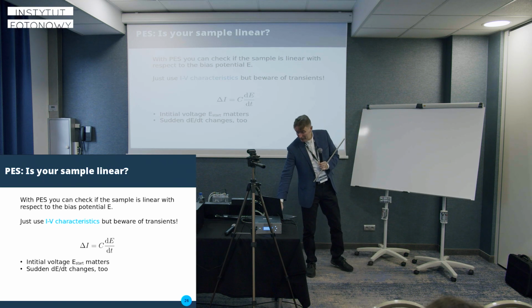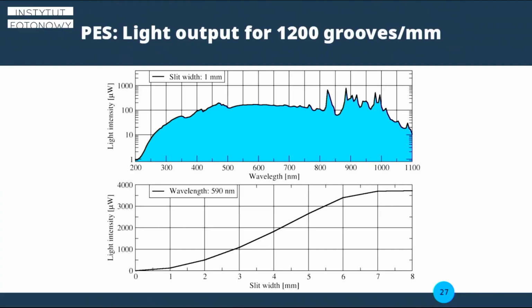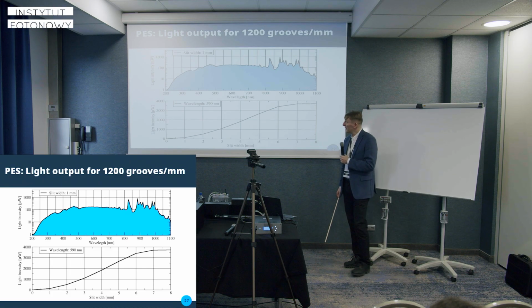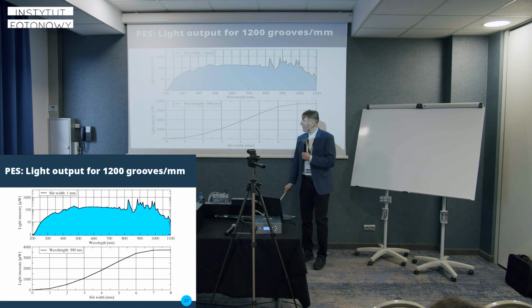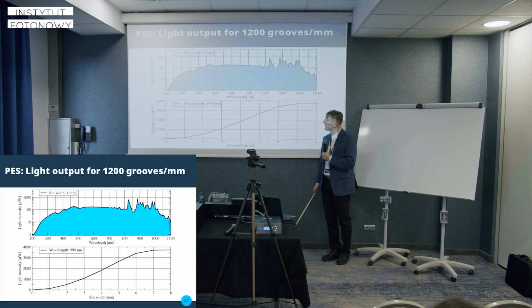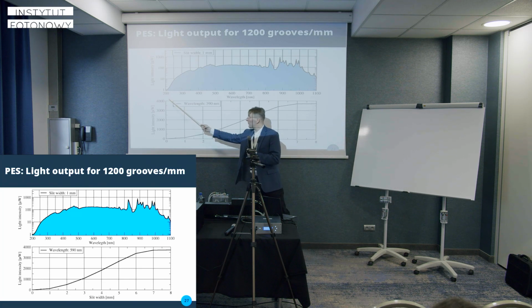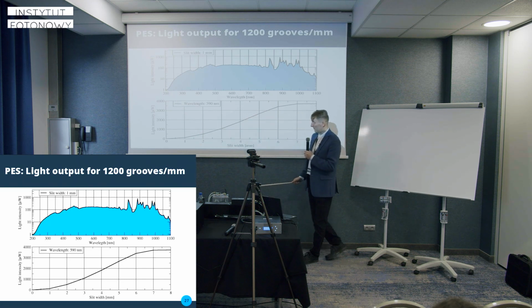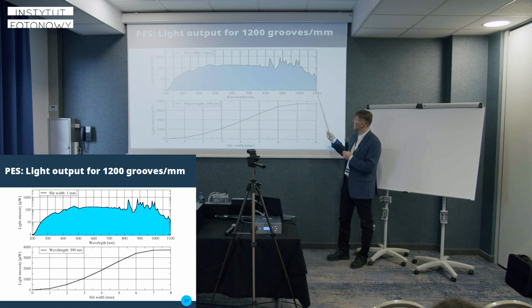All right, so much for the potentiostat, but this device also produces light, and how much light does it produce, and in what range? This will give you an idea. So we have a xenon lamp as a light source, and it ranges from 200 nanometers to, we have it to 1100.